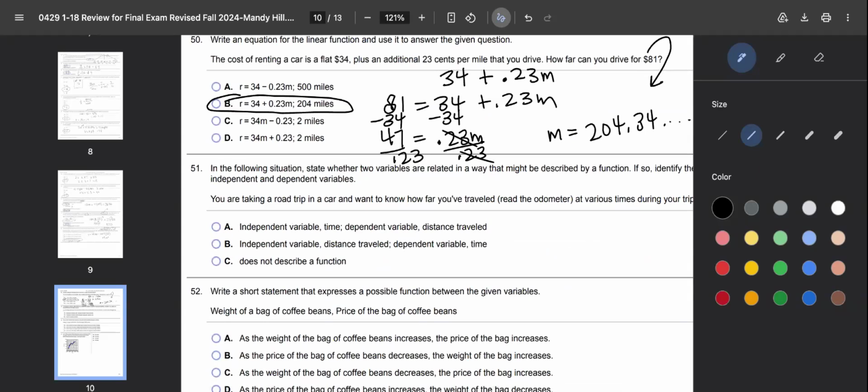Usually, you can think about it this way: whatever this is depends on this, then whatever you put in this blank has to be independent. It usually represents the x value. And whatever you put here should be the dependent variable, which is y, right?